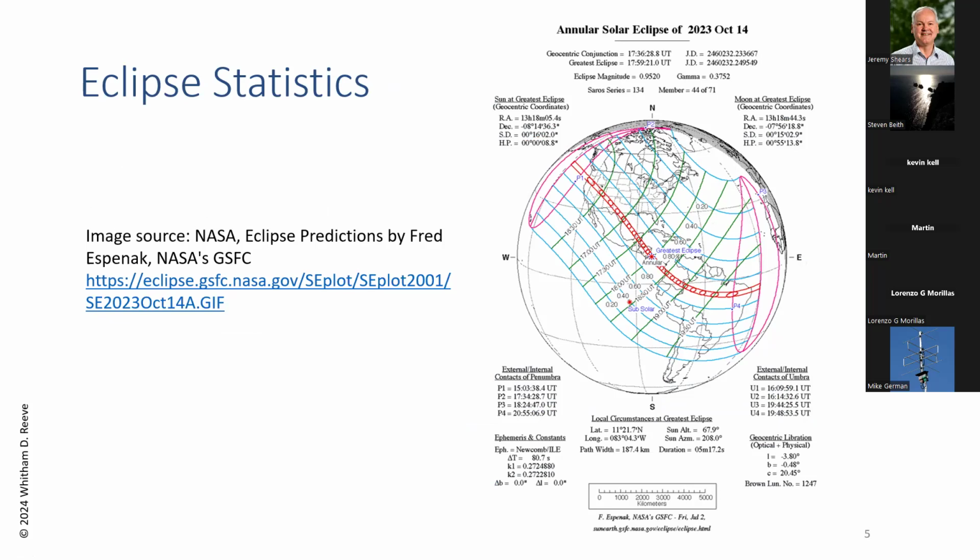He's produced these plots for every solar eclipse from now almost to infinity, and they're published on NASA's Goddard Space Flight Center website. It tells you almost everything that you would want to know about any given eclipse.